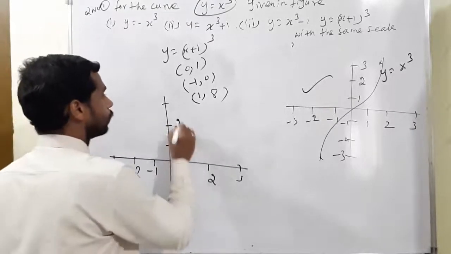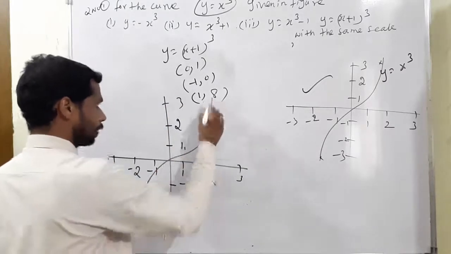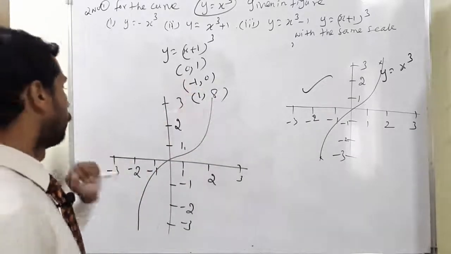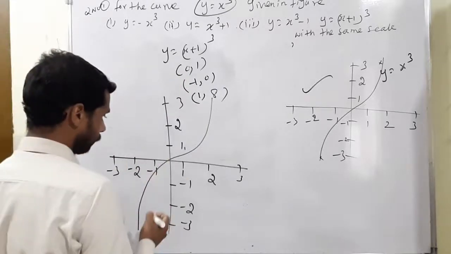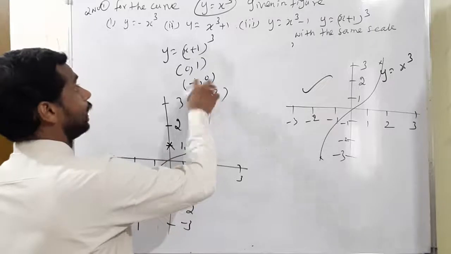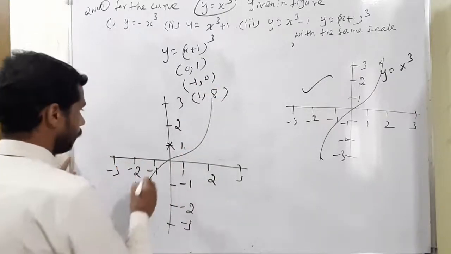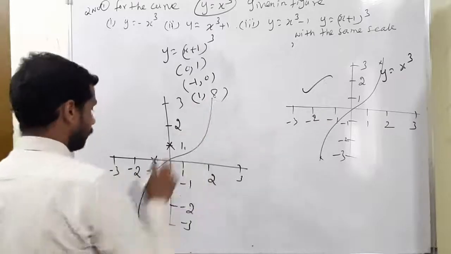So the given cases are like that. First one 0, comma 1. Next case minus 1, comma 0, then 1, comma 8.